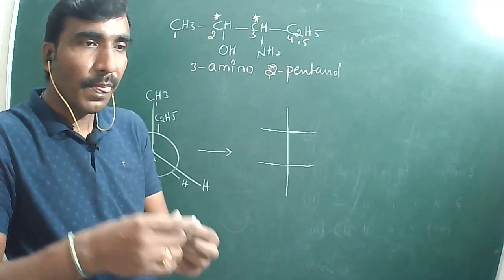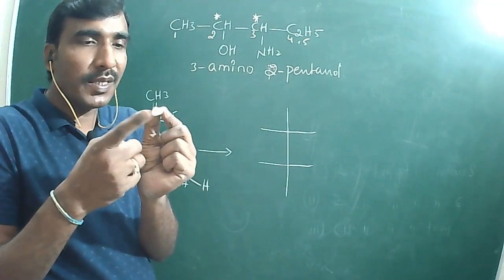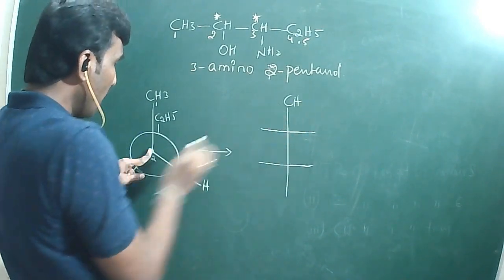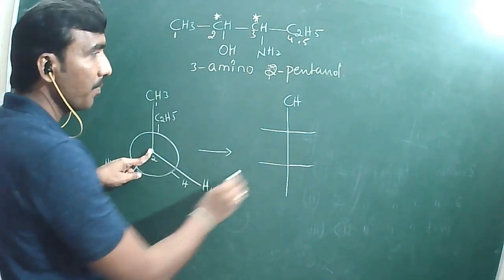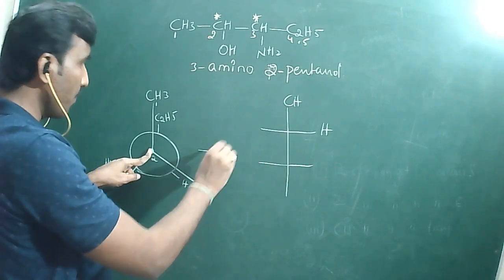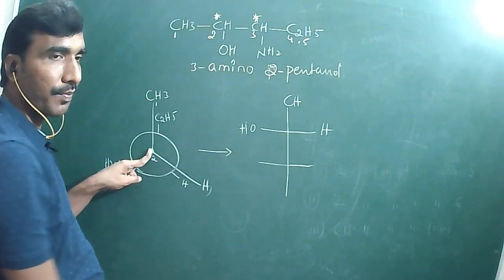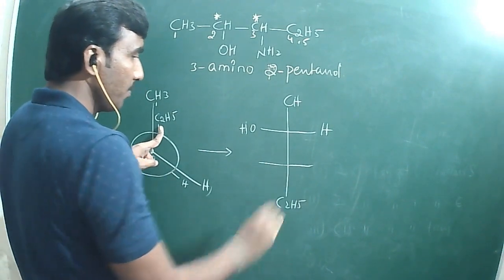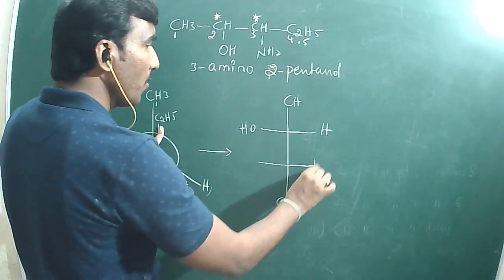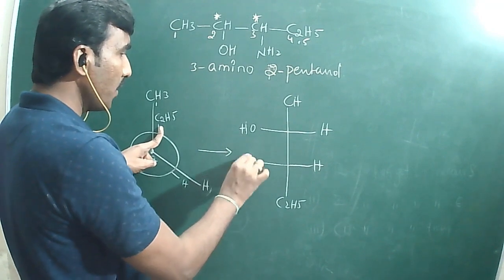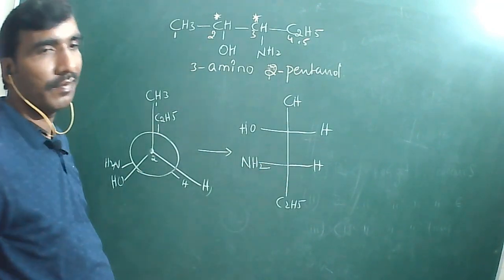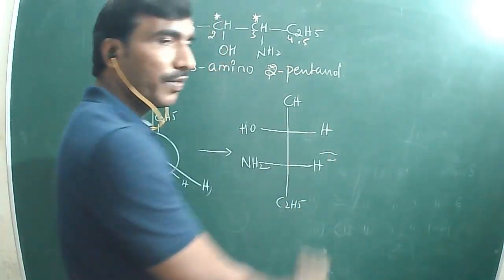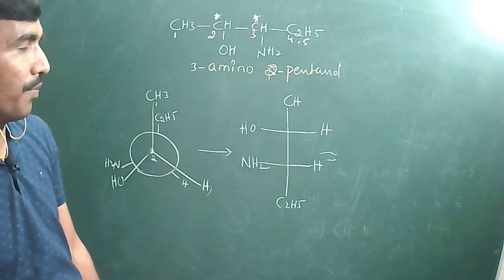Coming to the second carbon atom, attached with the CH3, and on the right hand side hydrogen, on the left hand side OH. And C2H5, the last one. On the right hand side, hydrogen, and on the left hand side, NH2.